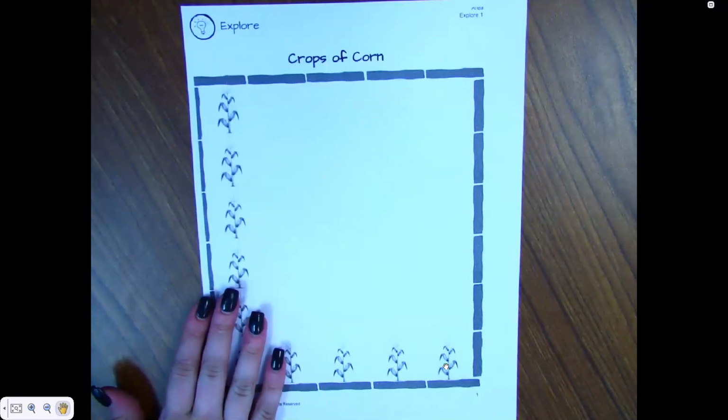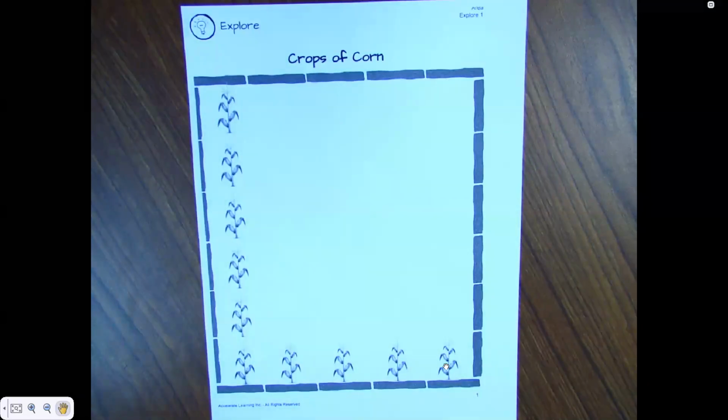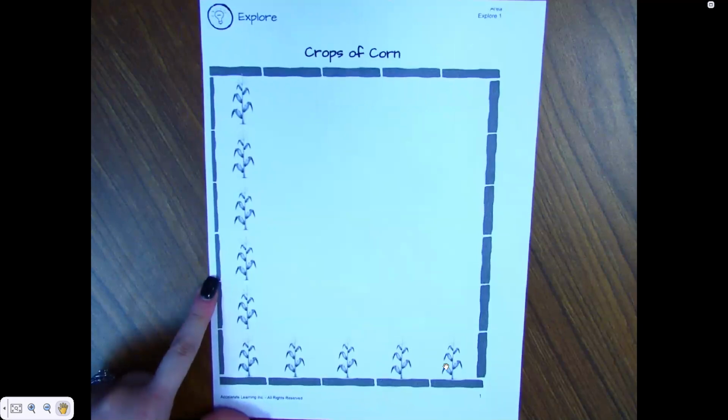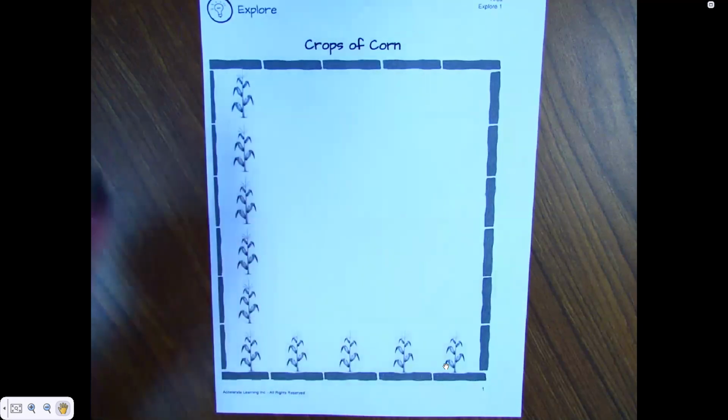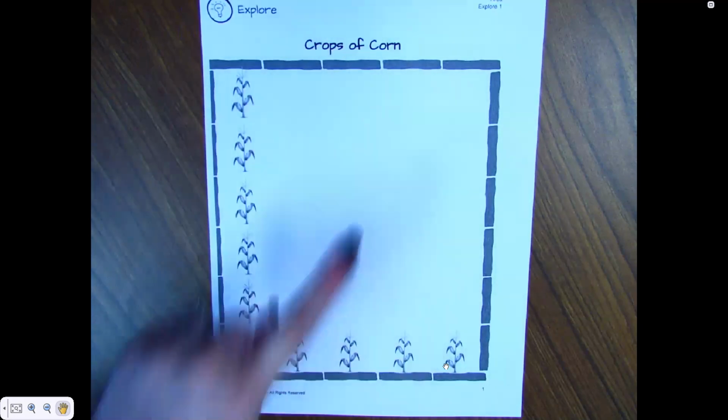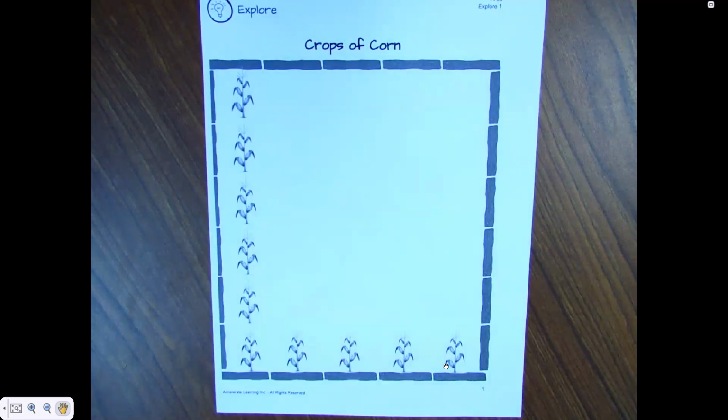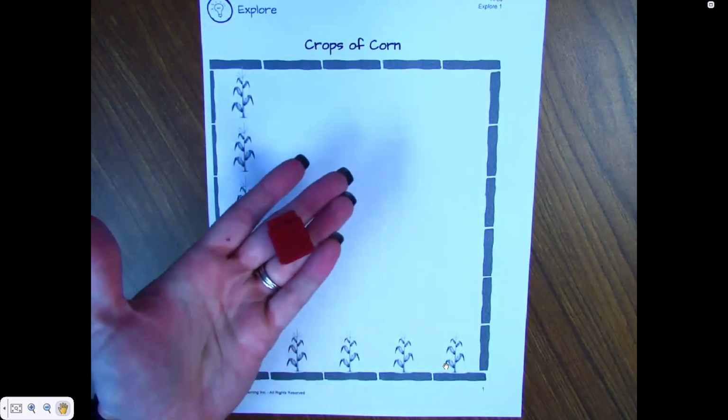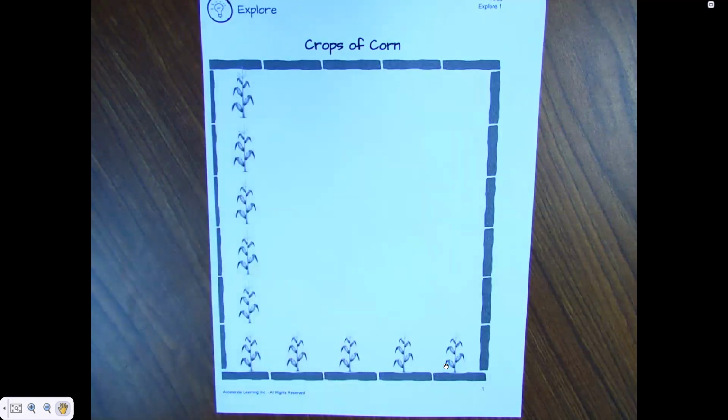So if I have a crop of corn, okay? I have a crop of corn. Here's my corn. So I want to know what the area of my crop of corn, the space inside my pasture, is going to be. I'm going to use these Unifix cubes to help me figure it out.